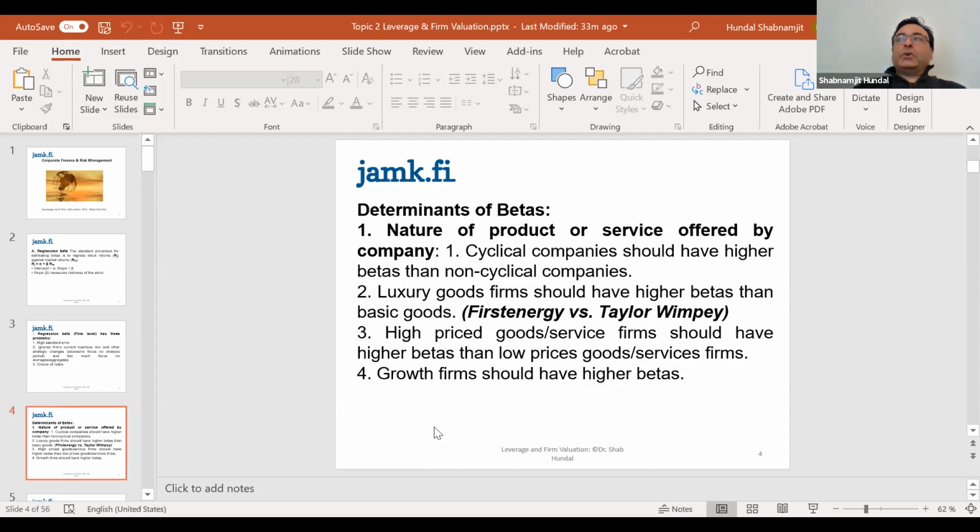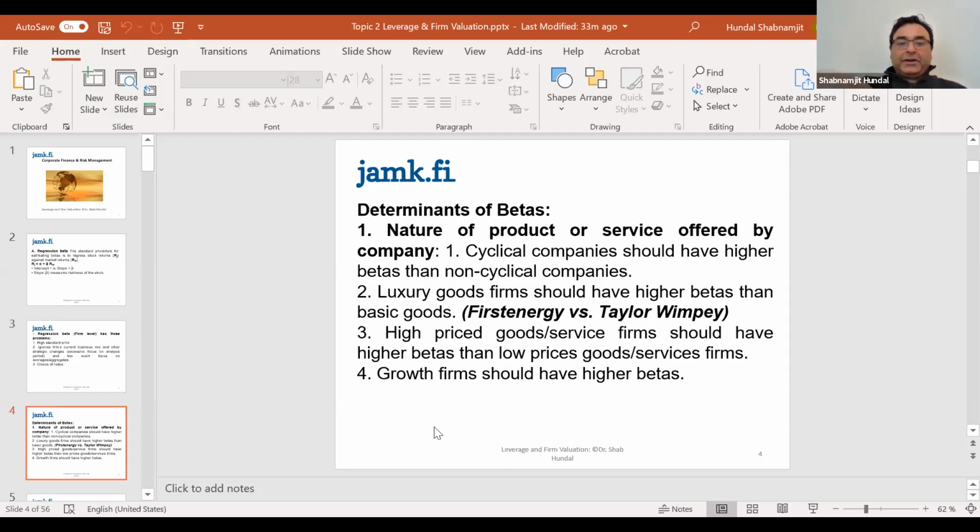So you can make an assumption that the beta of Prisma, Lidl, K-Market, Walmart, Tesco would be lower. On the contrary, the beta of some luxury brands, you know what luxury brands are, would be much higher because these are luxury goods.